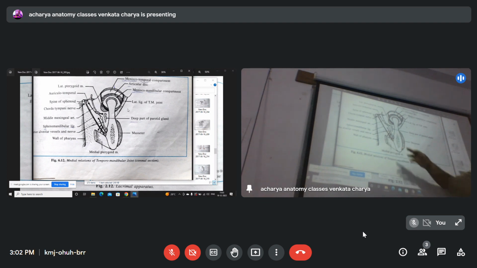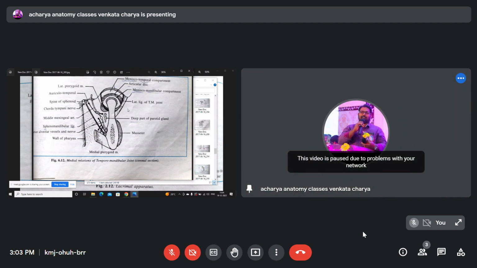Next, inferior alveolar vessels and nerves. Next, sphenomandibular ligament. That is enough, write this one. Lateral pterygoid muscle, and medial pterygoid muscle. Okay, so these are the relations. Medial pterygoid is not a big problem if you miss it, but lateral pterygoid is a problem.